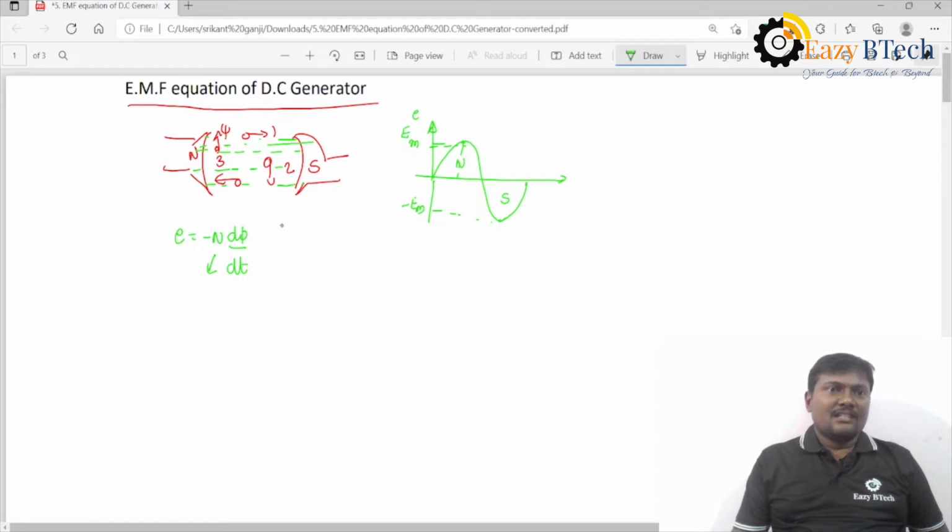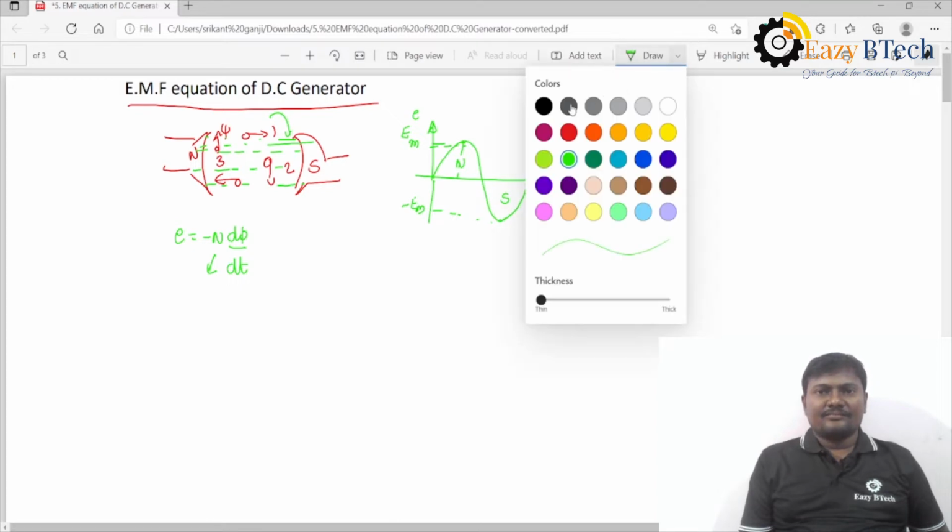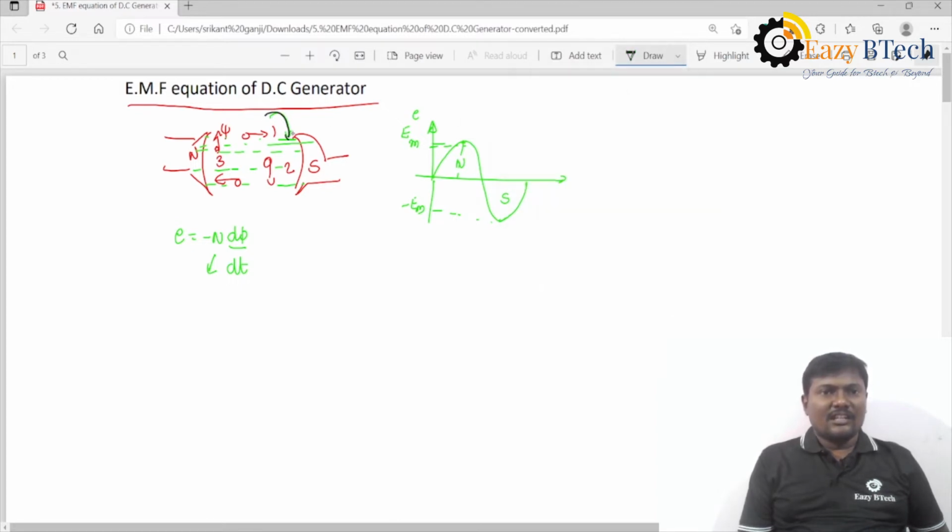Today I will teach the E.M.F equation of a DC generator. When the E.M.F is induced in a coil, the conductor rotates in a clockwise direction, cuts the flux, and E.M.F is induced. According to Faraday's law, induced EMF is equal to minus N into d phi by dt.